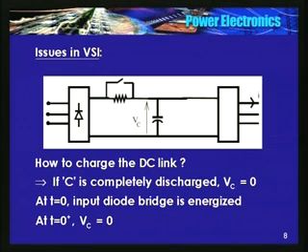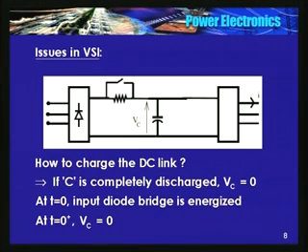So what is the equivalent circuit here? See, there is a voltage source here. The magnitude is the peak of the line to line voltage. Okay, and there is a short circuit here. So in other words, there is a dead short circuit at the output of the diode bridge. Okay, so a large current will flow and it will damage the bridge or the diodes.